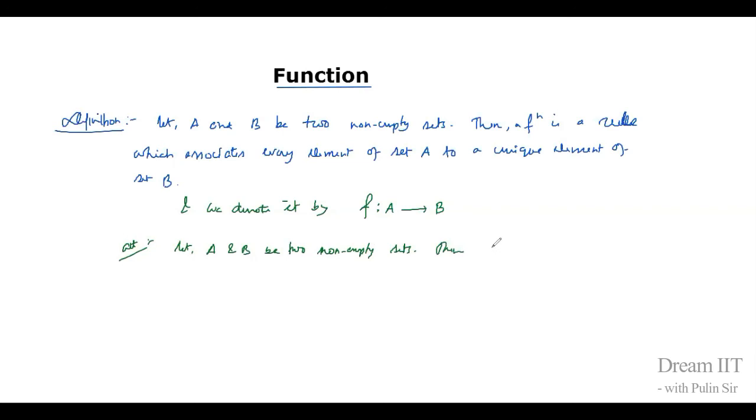Then a rule f such that for x belongs to A, there exists a unique y in B such that f(x) = y.